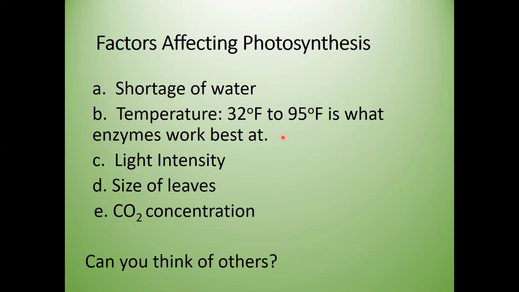If the temperatures are not ideal, now obviously ideal temperature is very plant dependent, but just remember that there is supposed to be an idealized temperature. Light intensity, in other words, how much sunlight is there? Size of leaves, are the leaves big enough or able enough to collect that solar energy? And then CO2, remember, if there's no CO2, then photosynthesis can't occur, and thus it would come to a halt.